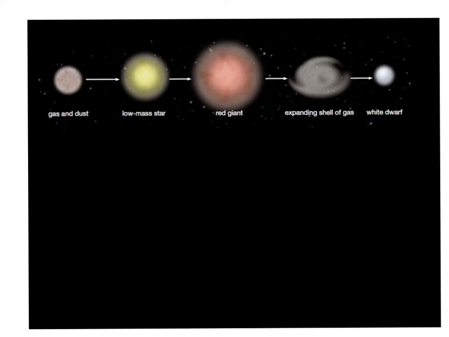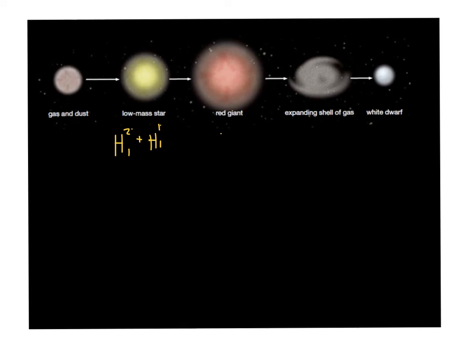So in something like our sun, here in the low mass stage, it's fusing together hydrogen. Hydrogen is being fused together to make helium. You can have different forms of hydrogen.